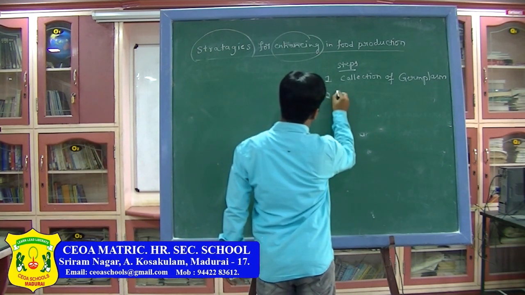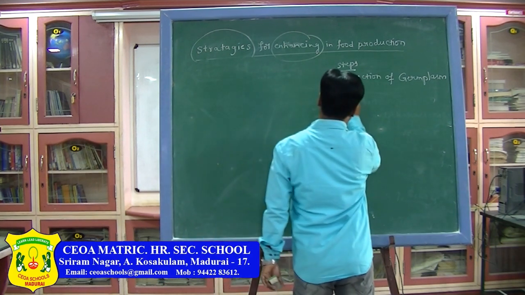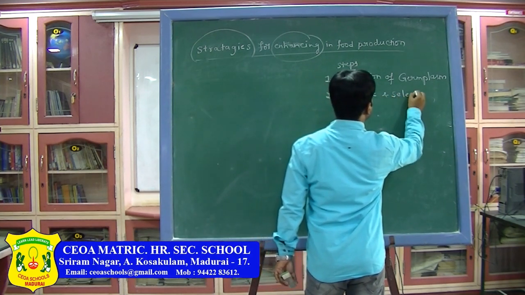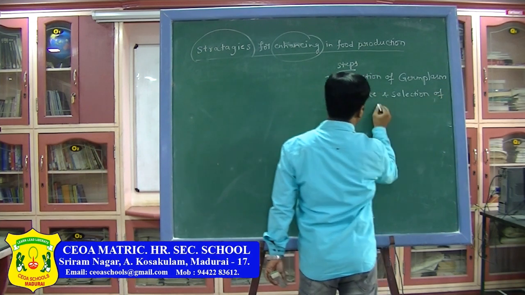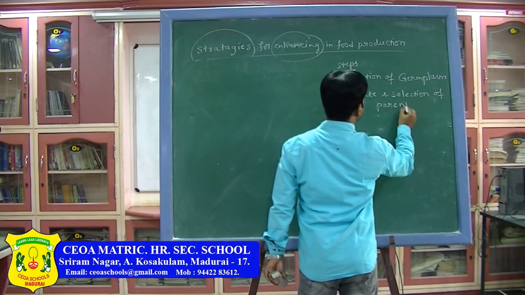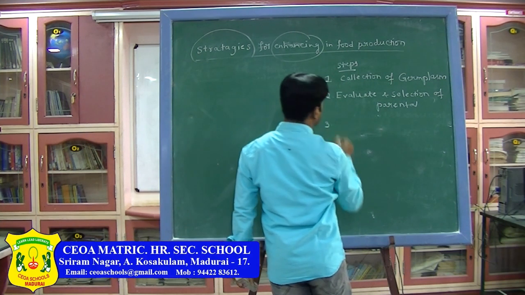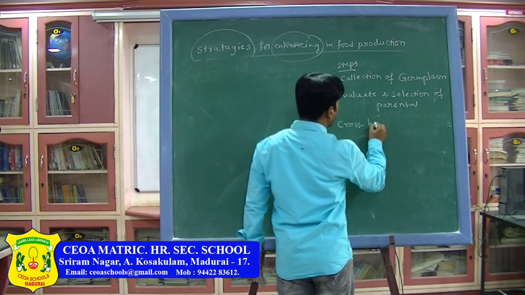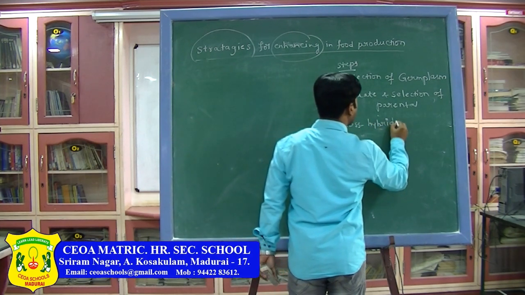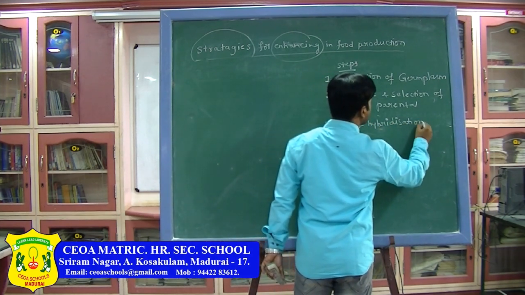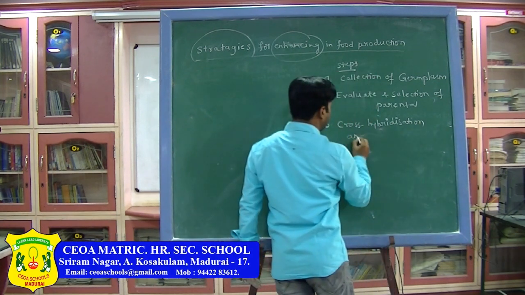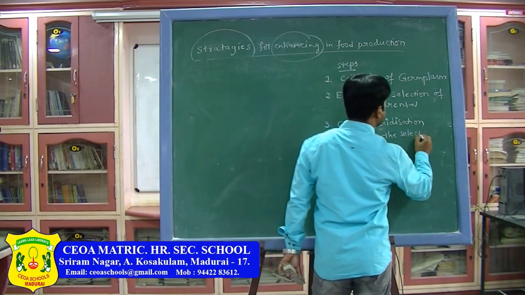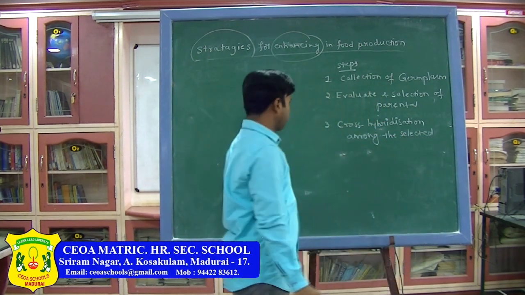Second one is evaluation and selection of parental plants. Third one is cross hybridization among the selected parental plants.